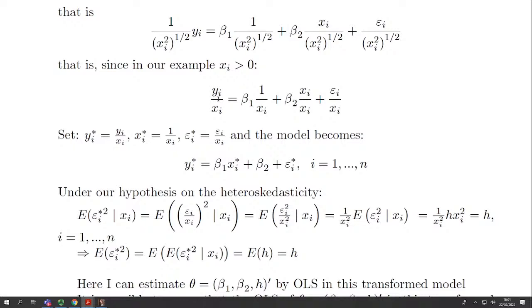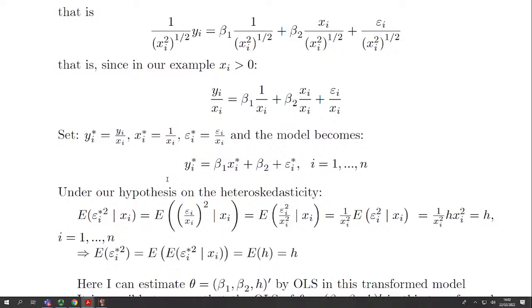Also, for the economic interpretation, this y star on the left-hand side would be the CO2 emission per unit of expenditure. The new regressor xi star will be the ratio 1 over log of total expenditure. New intercept and this error term. So I can run it on Gretl.